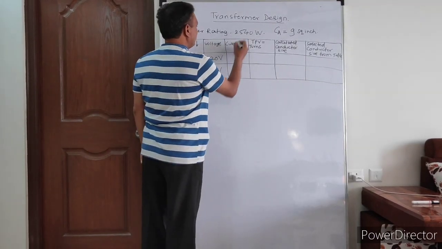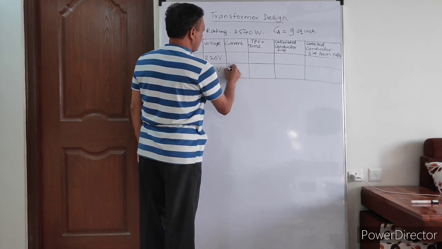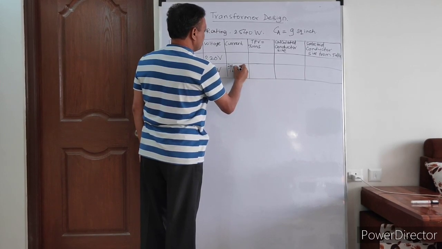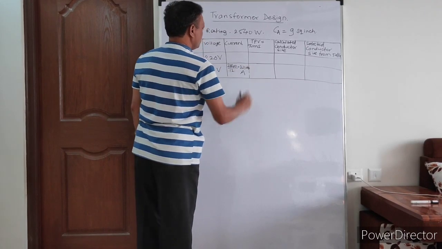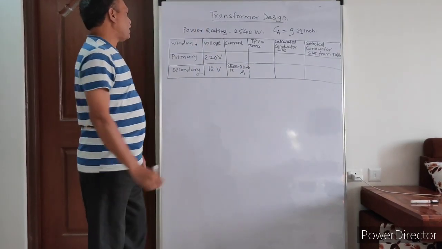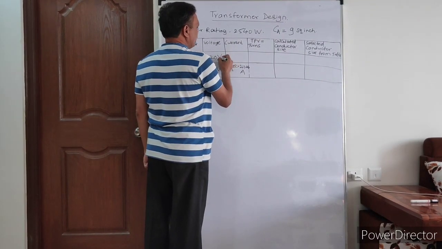So I will calculate the secondary current, that is 2540 upon 12, which comes to be 211.66 amperes. So this is my secondary current. Now on the same basis I will calculate the primary current.